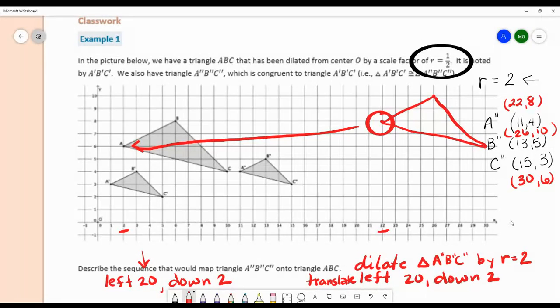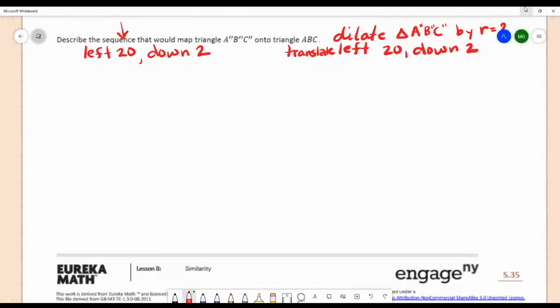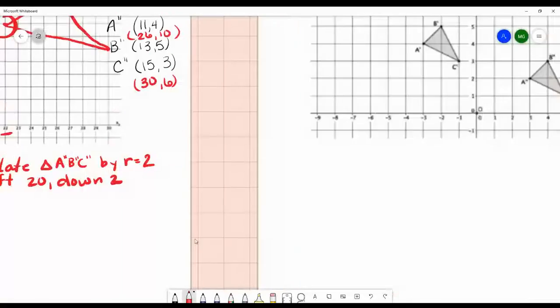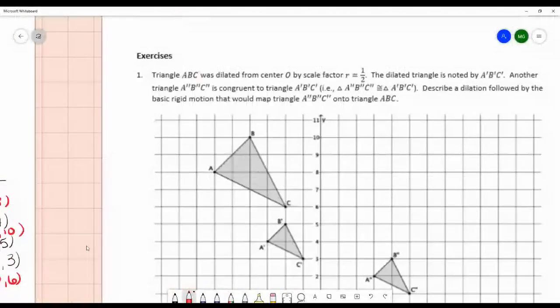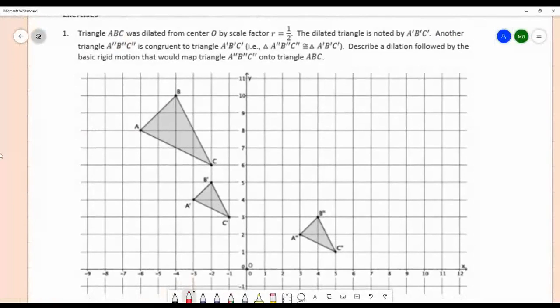Let's go ahead and take a look on the next page. Okay, on the next page it says triangle ABC was dilated from center O by a scale factor of 1/2. The dilated triangle is noted by A prime, B prime, C prime.